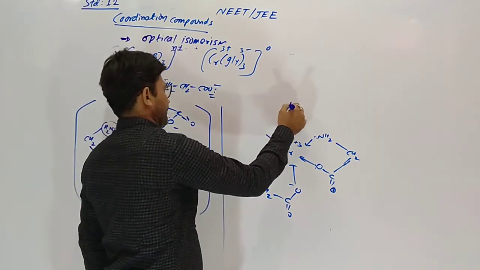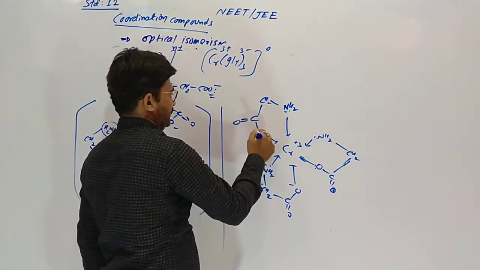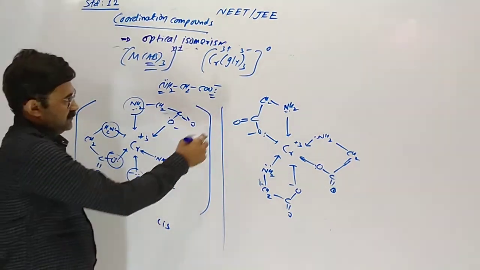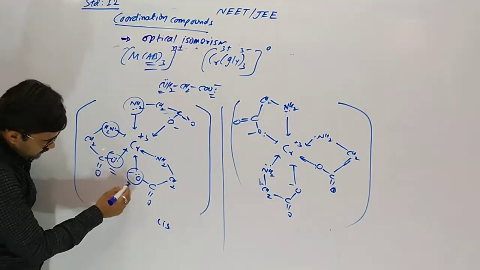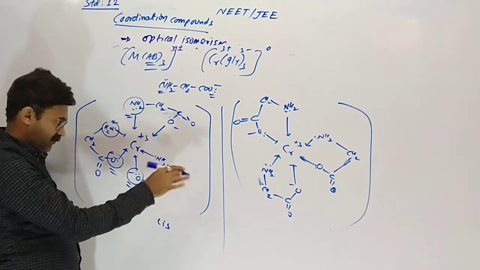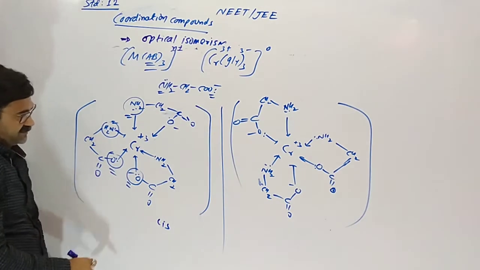This part NH2, CH2 COO minus. Yes, this is a cis. Why? 2 oxygen and 2 nitrogen are close. Here N and O, a major part is the same, so cis.